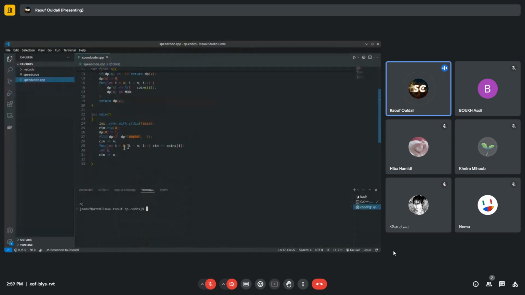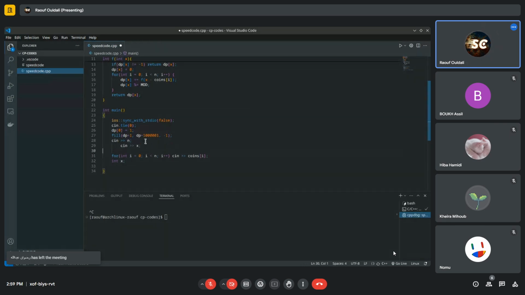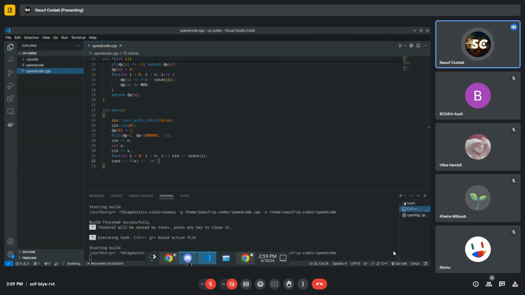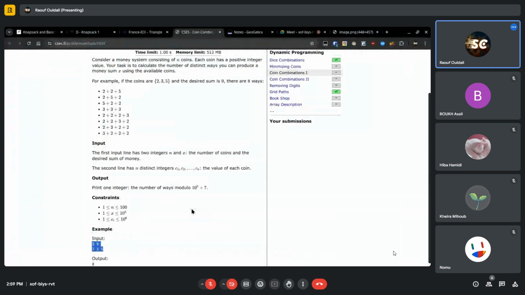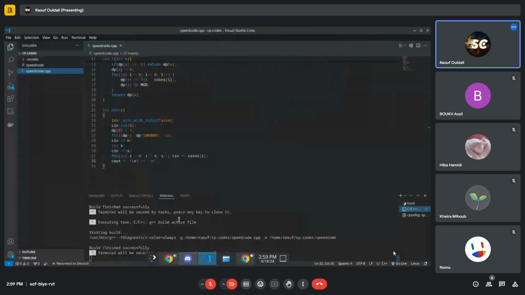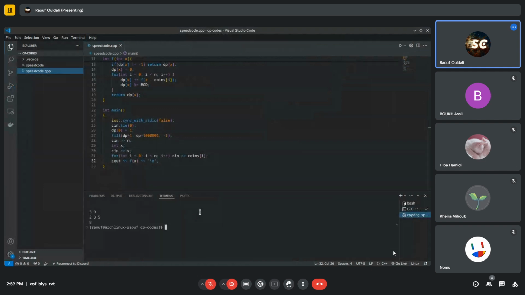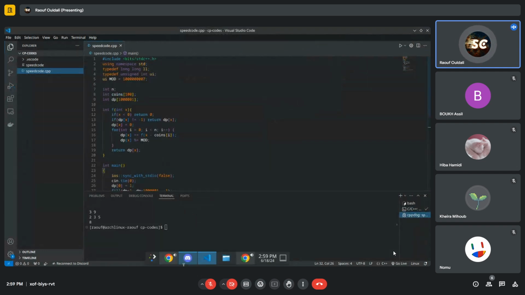Okay, I made a little mistake, and I have to define x here. And of course, we output f of x. Okay, let's try. Okay, good answer. Let's submit the code.